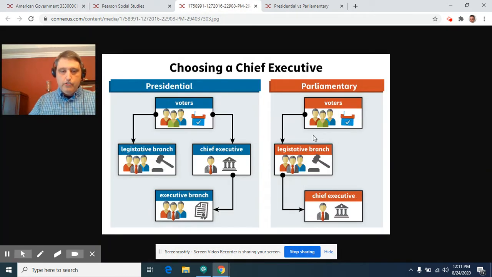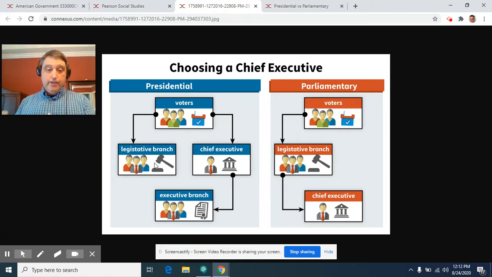Okay. So the difference between a parliamentary system and a presidential system has to do with the relationship between the legislative branch and the chief executive. We'll talk a lot more about this later in the year, but the legislative branch is the branch of government that makes laws, that makes decisions.